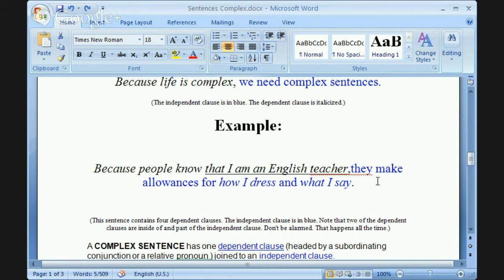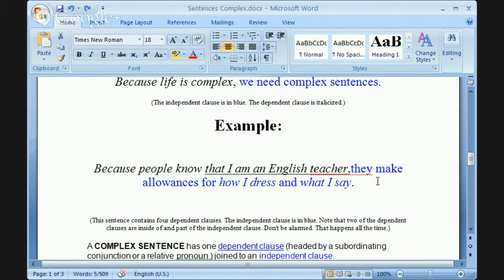There is one independent clause which includes 2 dependent clauses inside of it. Okay, this happens all the time. The independent clause here is "they make allowances for how I dress and what I say." Now, italicized in blue, "how I dress" is a relative clause with a relative pronoun, and "what I say" is another one, which is included in the independent clause.